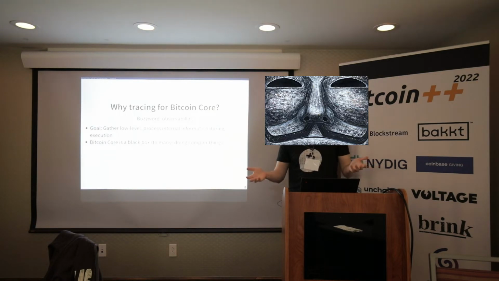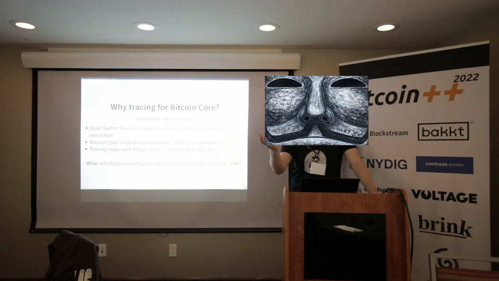We want to have a bit more insight into that, and actually want to know what the code that we wrote at some point is doing in production, for example, when we run it to power a Lightning node and so on. In general, tracing helps with robustness and security. And now to your question, what other interfaces are there exposing process internal state? Does anyone know an interface?